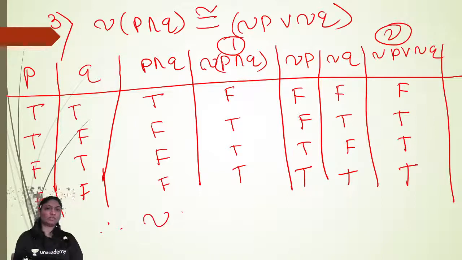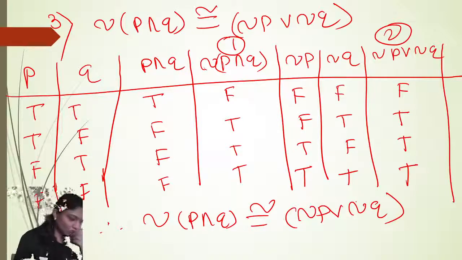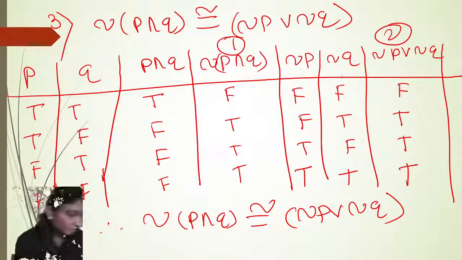Therefore, P and Q is equivalent to negation of P or negation of Q. Okay.